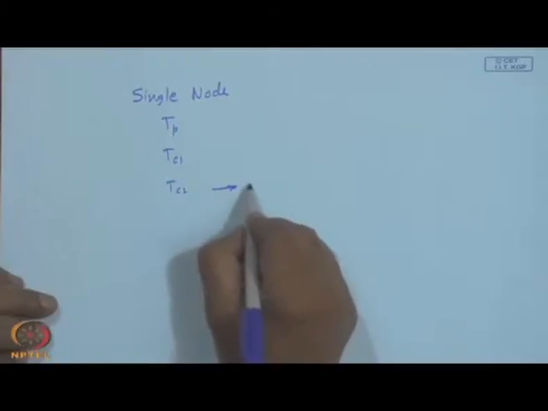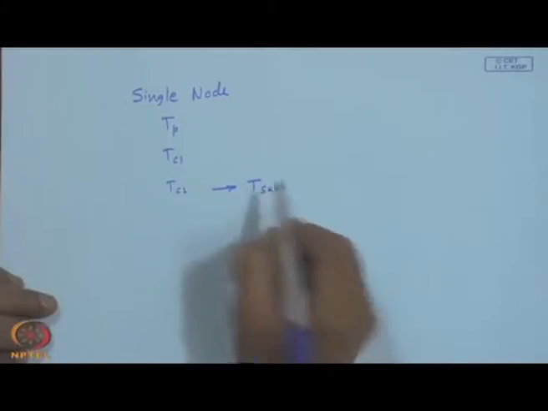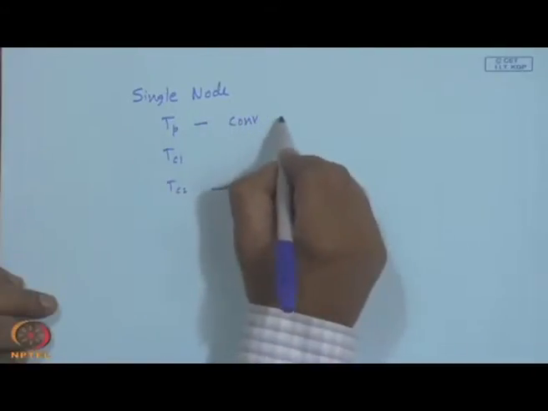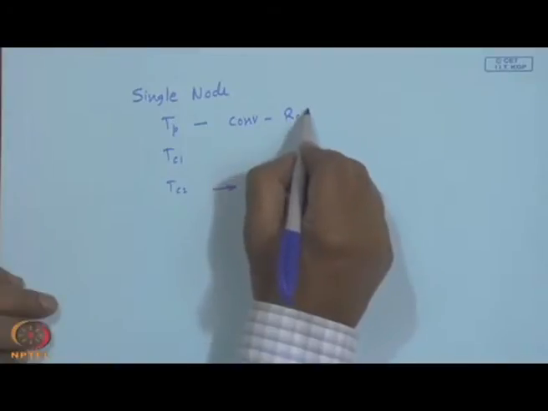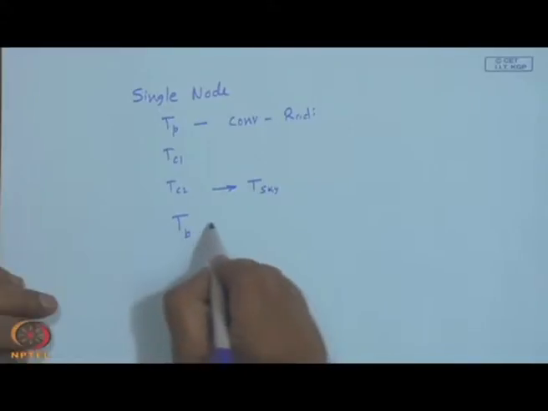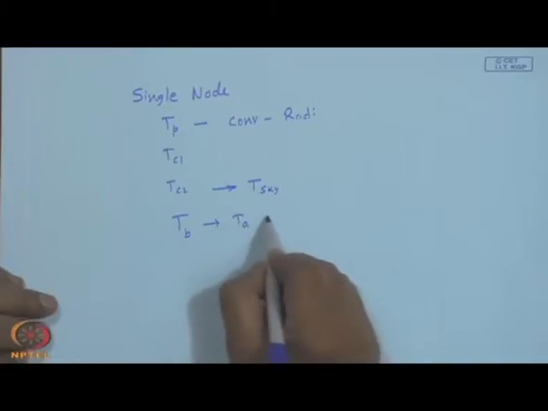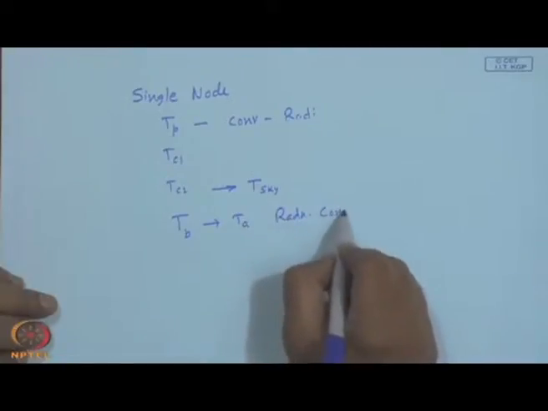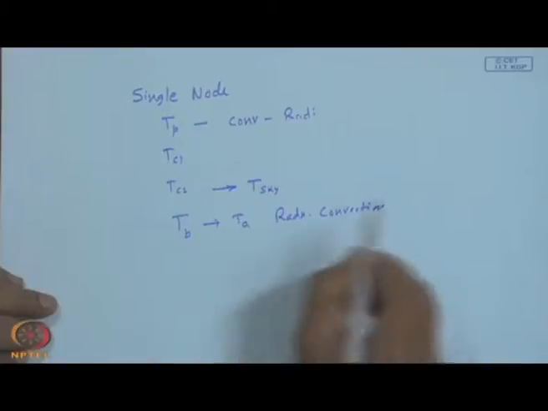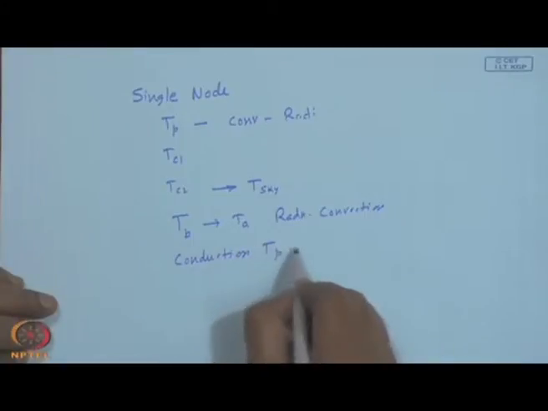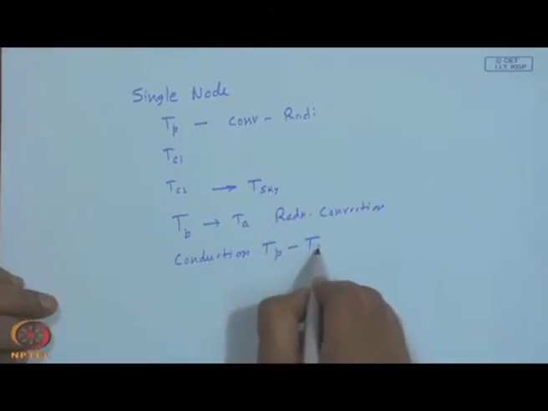From here it loses by radiation to T sky, and there are parallel convection and radiation, and then the back temperature T b to T a, radiation and convection, and by conduction from plate temperature T p to T b, right.